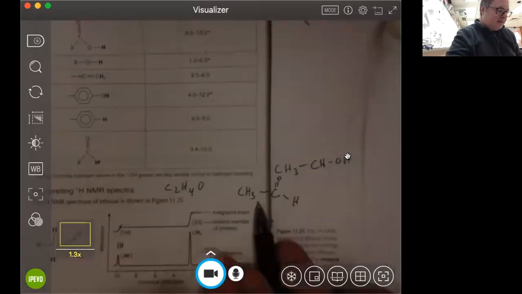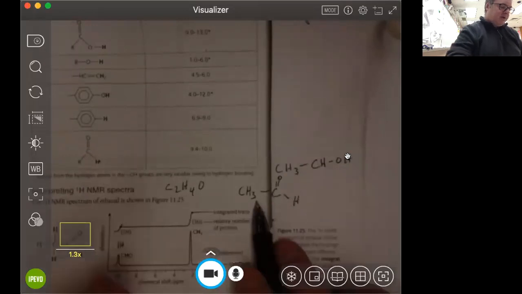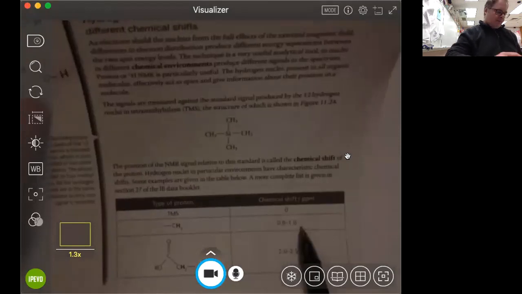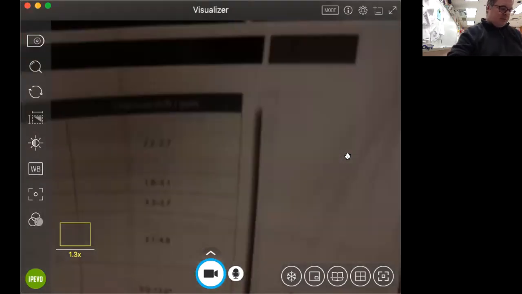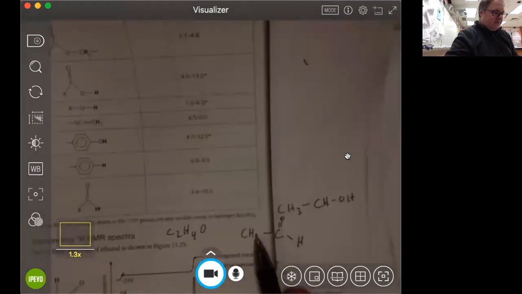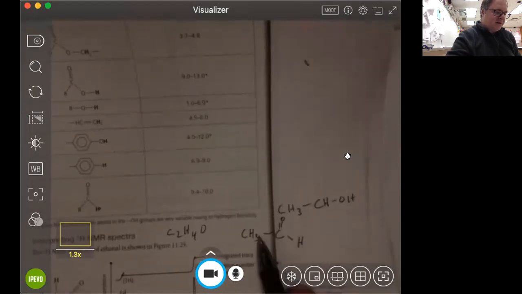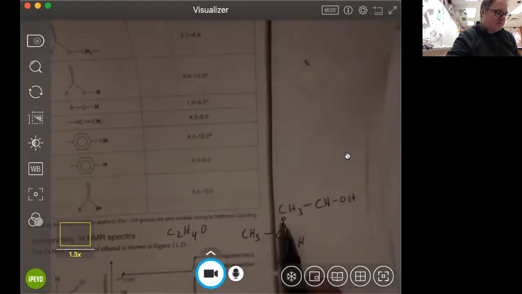And these CH3s here, now the big question is why are they not 0.9 to 1? Now they are bonded to a carbon that's double bonded to an O. And remember how I said that that electronegativity is going to cause that shift to be more than what you're used to.